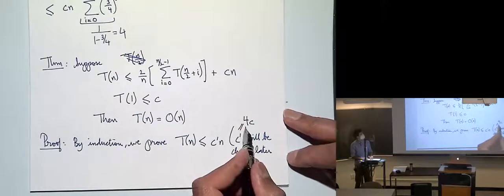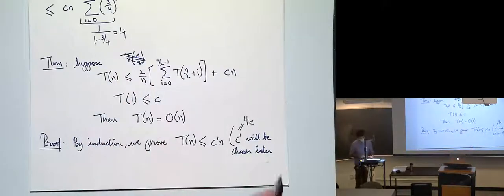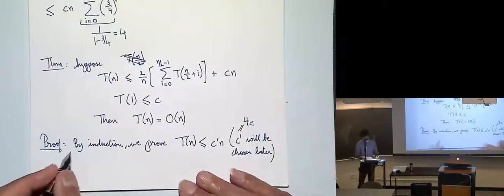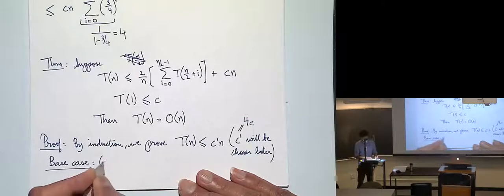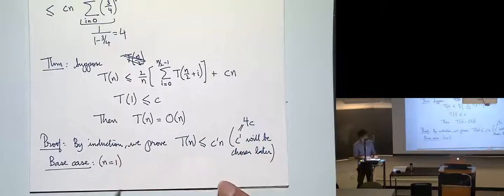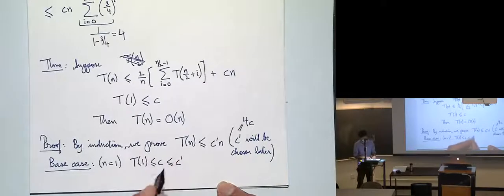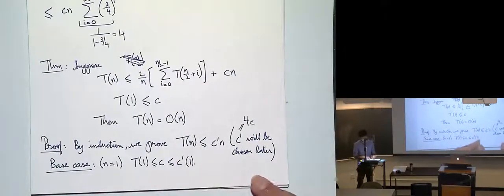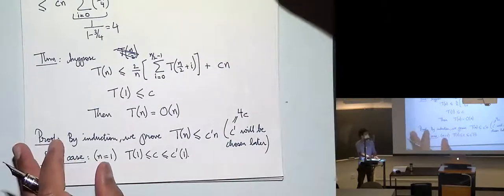And that 4 is the same 4 that came from there, effectively. But anyway, base case: n is equal to 1. So t of 1 is at most c, which is at most c prime times 1. We're done. Okay, now let me do the induction on a separate page.